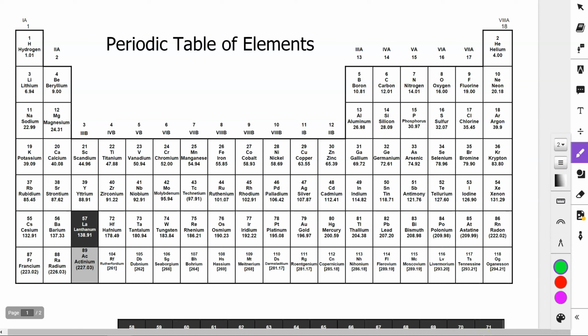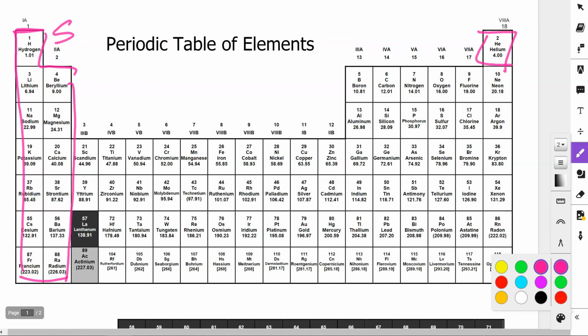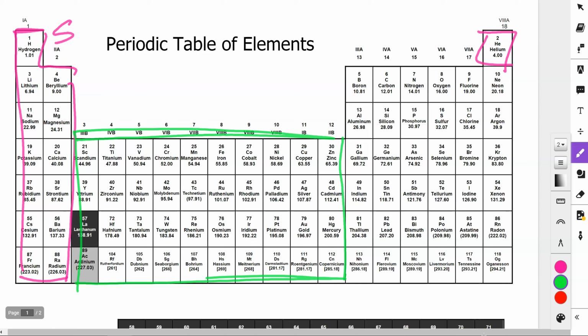The section right here, hydrogen all the way down to francium and back up, but also including helium, is going to be your S block. Now in the middle, you have this lower section of the periodic table, and that section is going to be the D block.